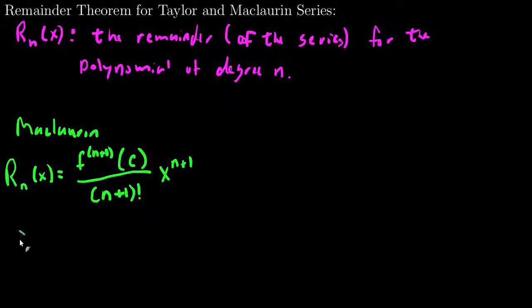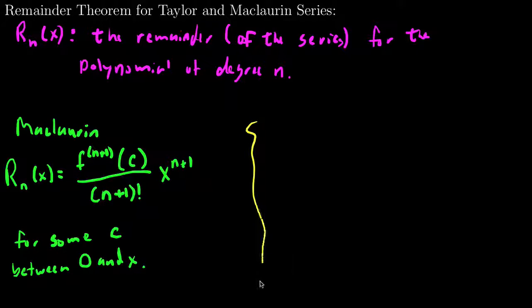And this is going to be for some c between 0 and x. 0 and x in this case because Maclaurin polynomials are centered at 0.